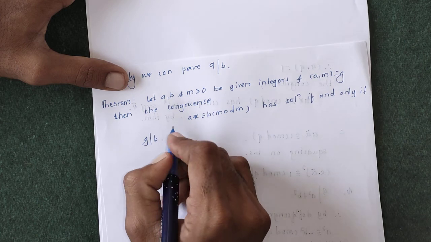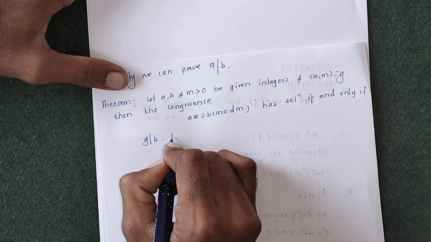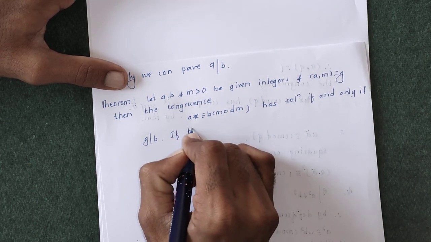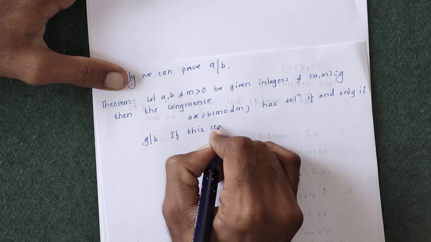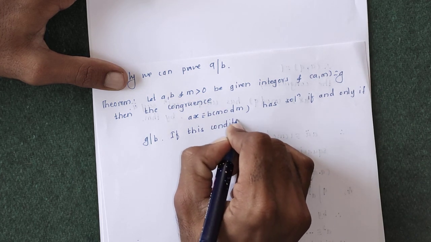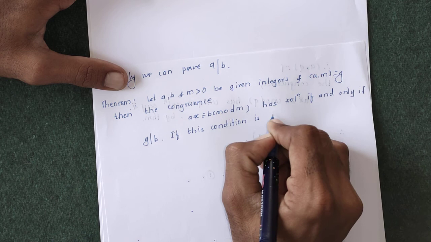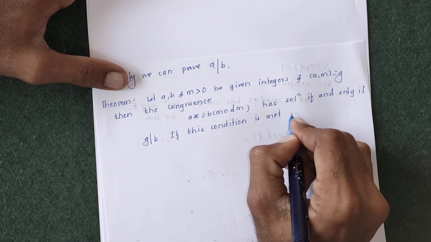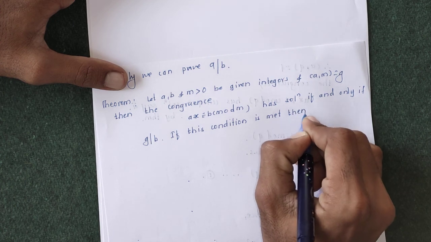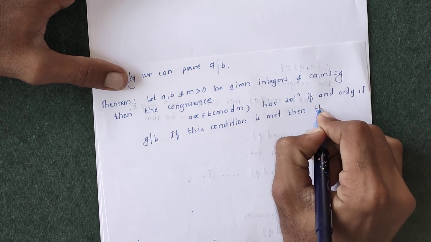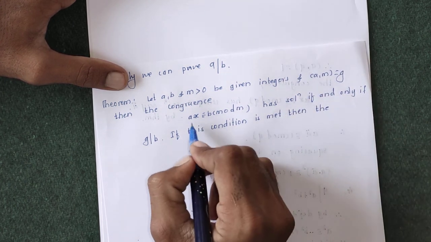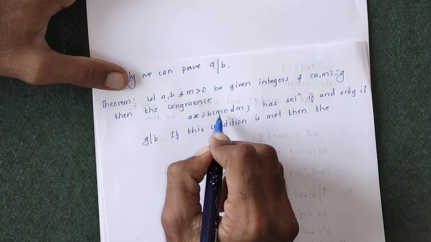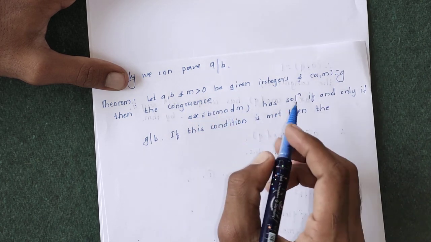And if this condition holds, then all solutions, that is, x may be any integer which satisfies ax is congruent to b mod m.